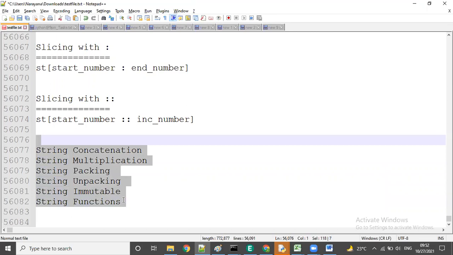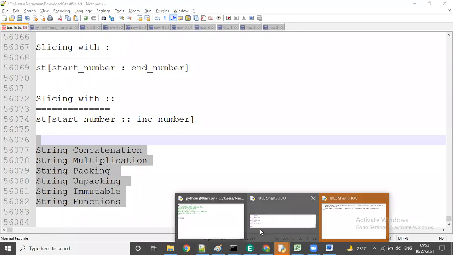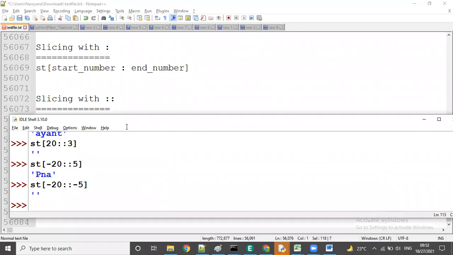Now our introduction about string indexing and string slicing is over. Now, string concatenation and multiplication, let us check. Very simple, guys.